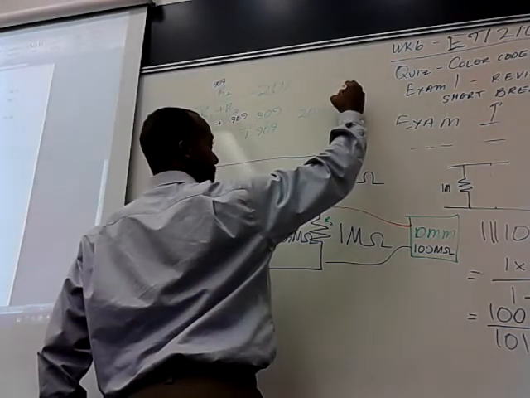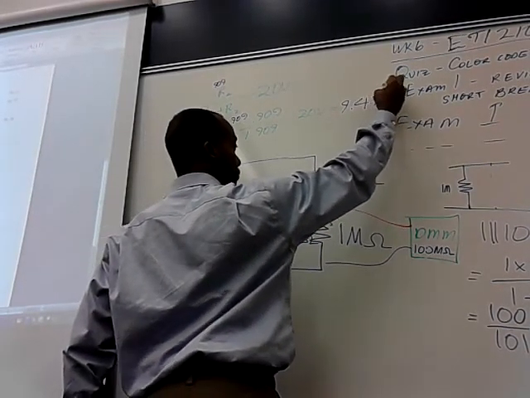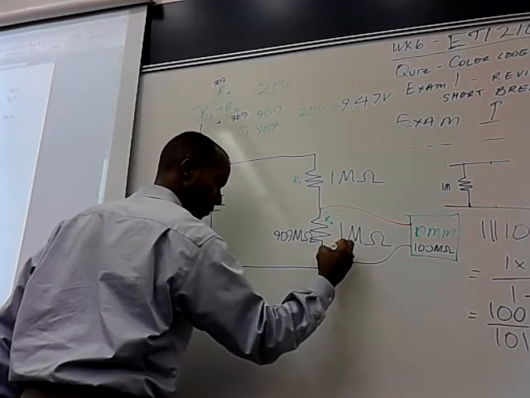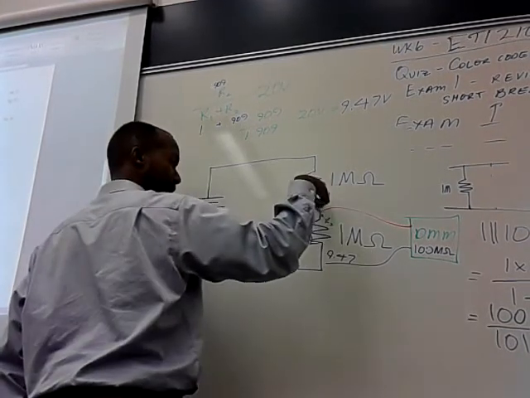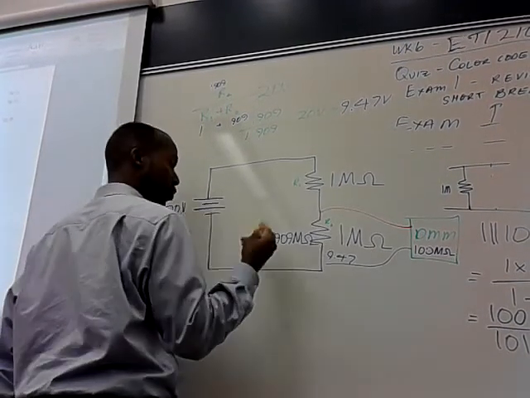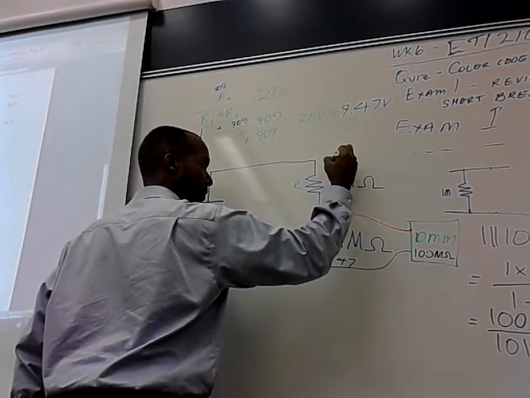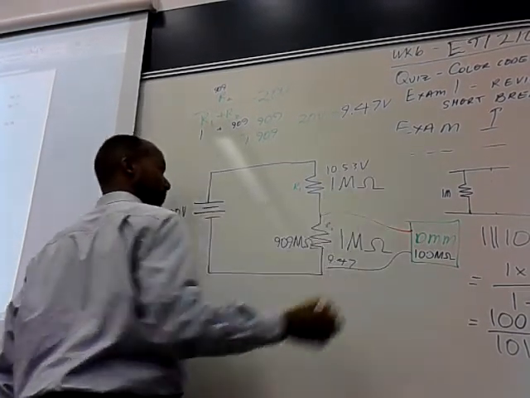So that's going to read 9.47 volts over this one. And then the difference, since it has to add up to 20, is going to be 10.53 volts over that.